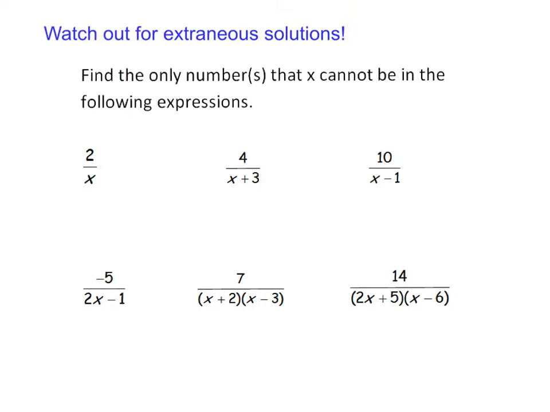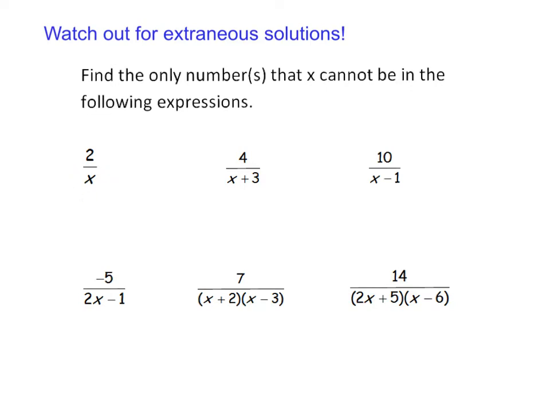Okay, so when we think about extraneous solutions, we have to remember that it is an apparent solution: it looks like it is a solution to the equation, but it does not work in the original equation. So here is how that works for rationals. It's all about the denominator.